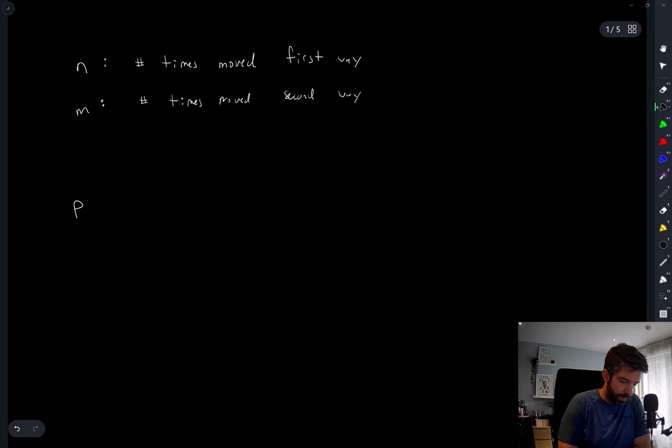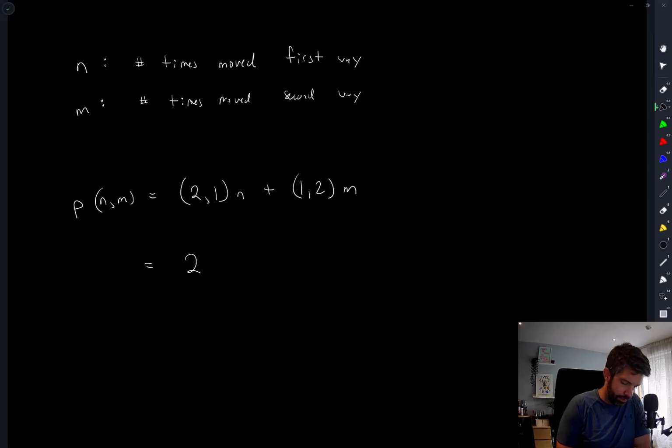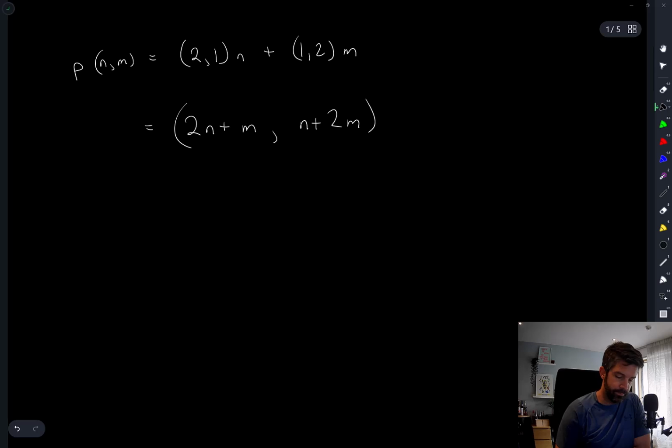So the coordinates of the particle after a certain number of moves, of which n are the first type and m are the second type, is going to be 2, 1 times n plus 1, 2 times m, or I could say this is 2n plus m and n plus 2m. So after all my moves, these are the coordinates of the particle.